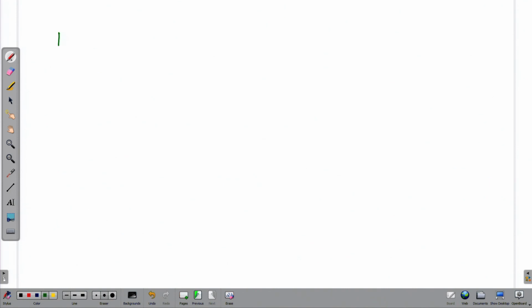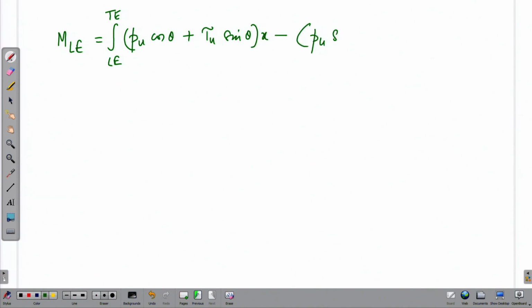So, the total moment about the leading edge, it is very important that we mention about what point we are calculating it. So, it comes out like this. This would be a minus.